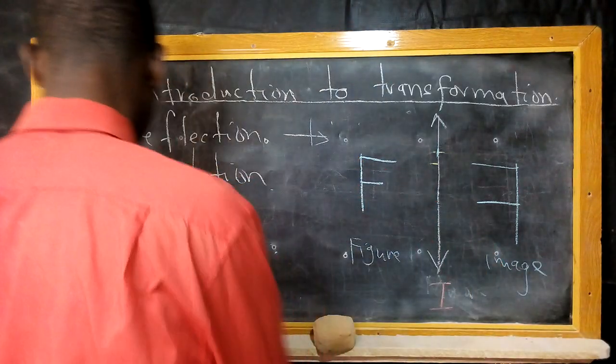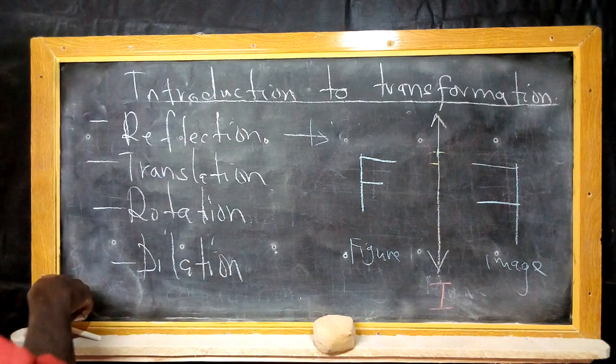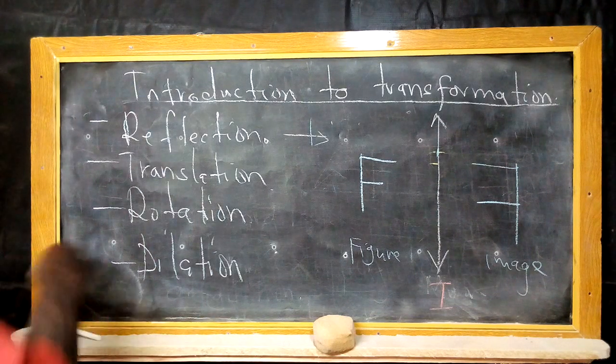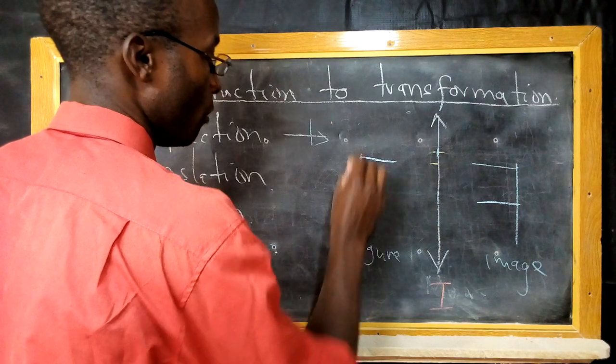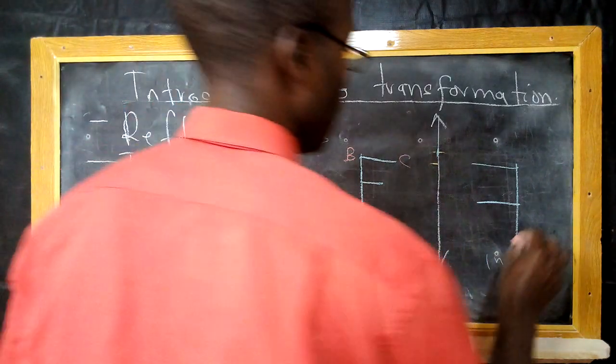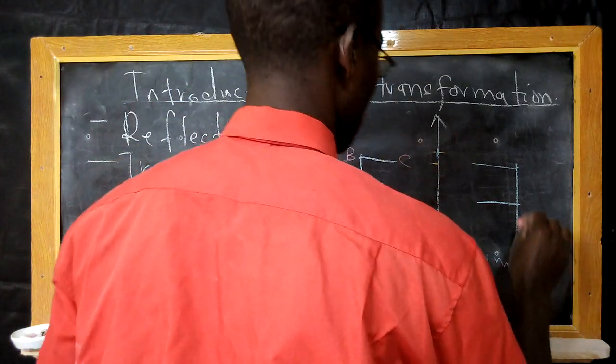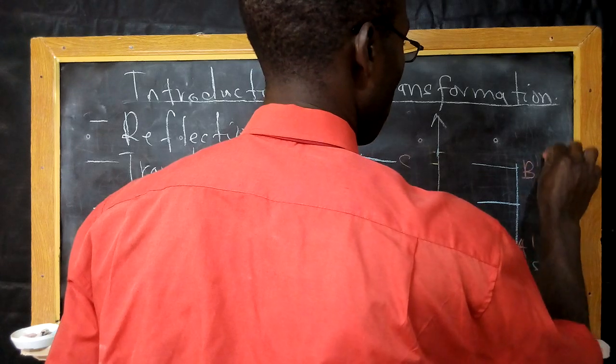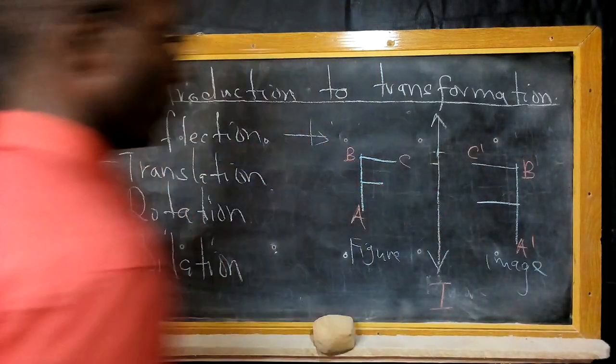If this one has points A, B, and C, then I'll have A prime, B prime, and C prime.